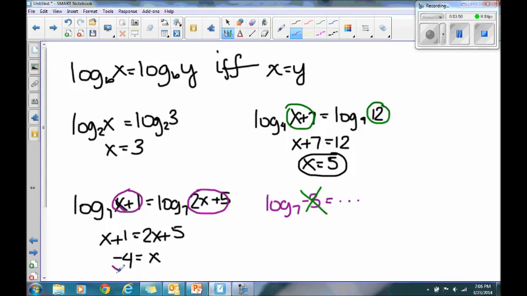So since negative 4 doesn't work, I have to mark it off the list, and anytime I mark off every number on my list, I conclude that there's actually no solution to this equation. So every time we solve for x, we need to take the x back to the beginning, plug it in every place there's an x, and make sure I'm only taking logs of positive numbers.